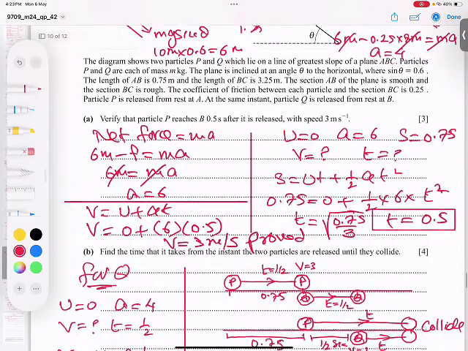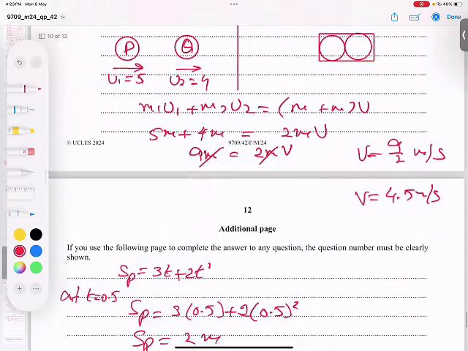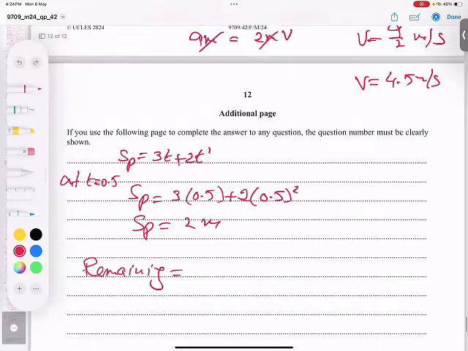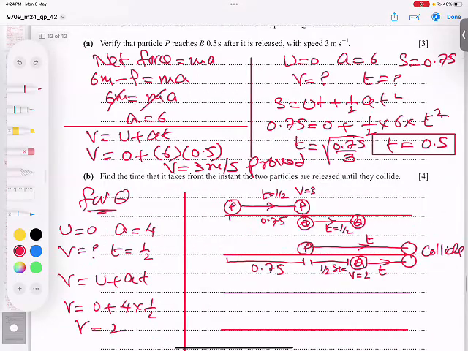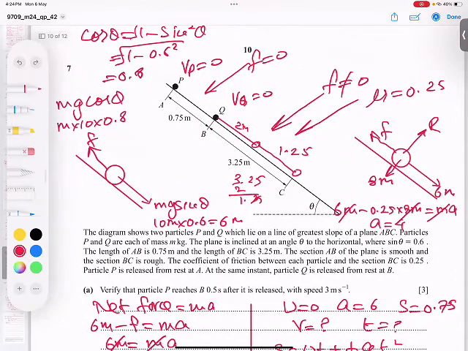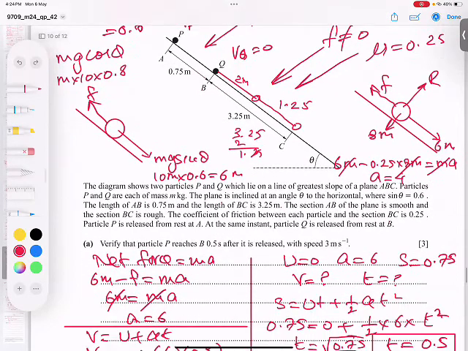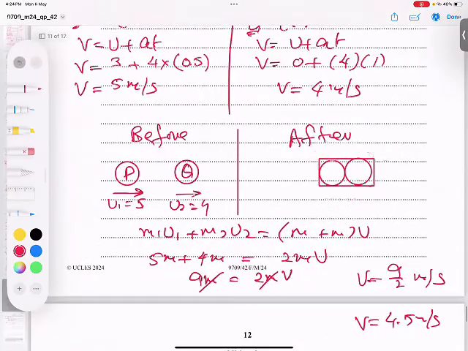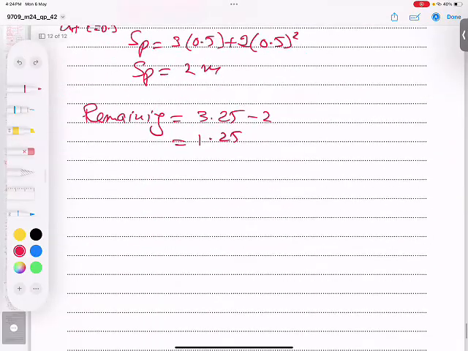Wait a minute, let me see again. 3.25 minus 2, I got 1.25.